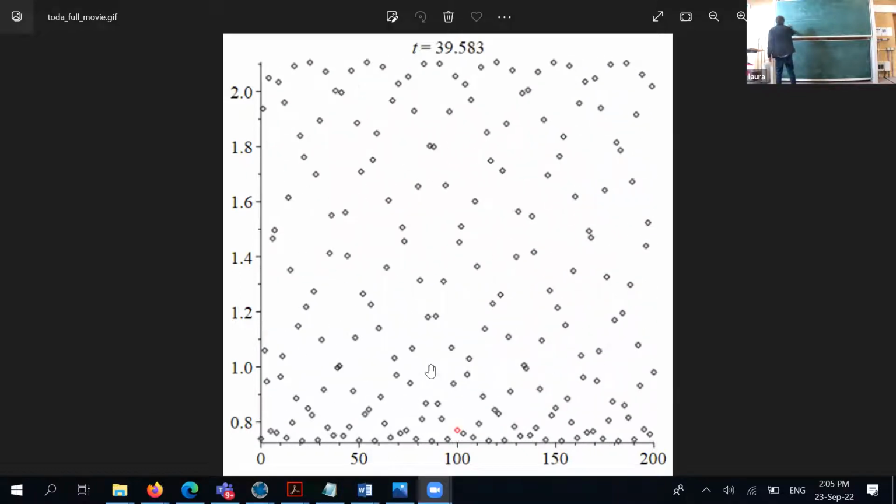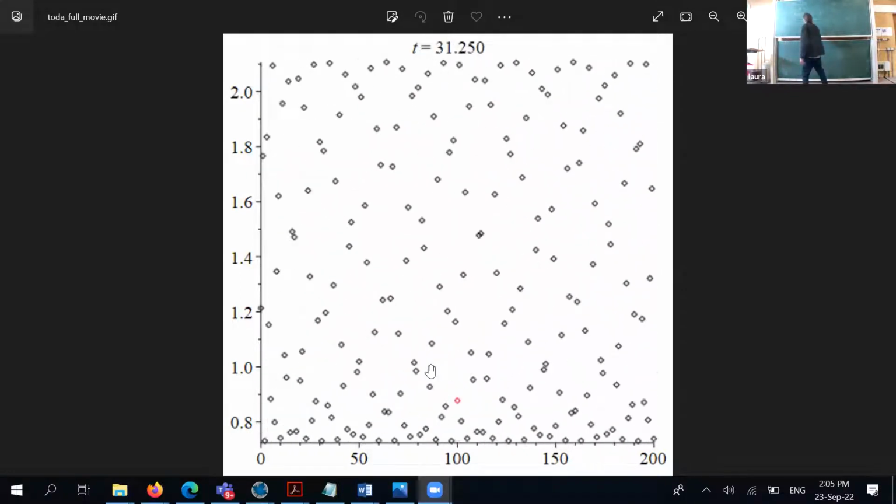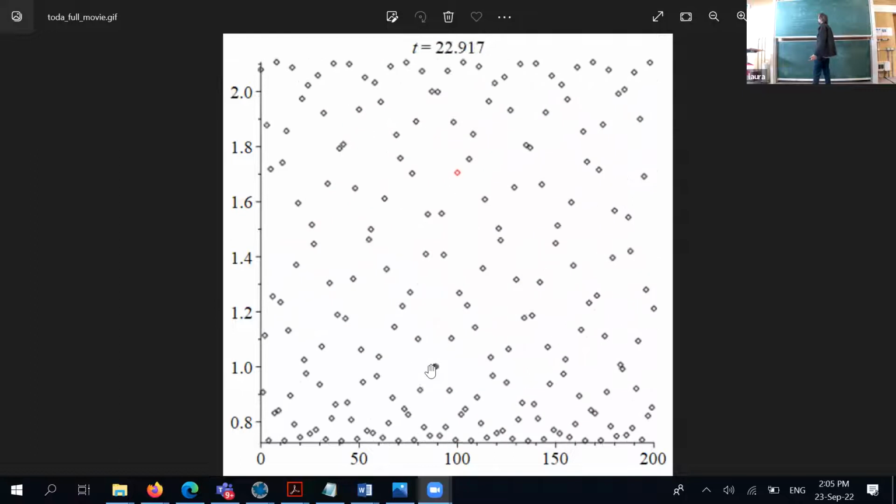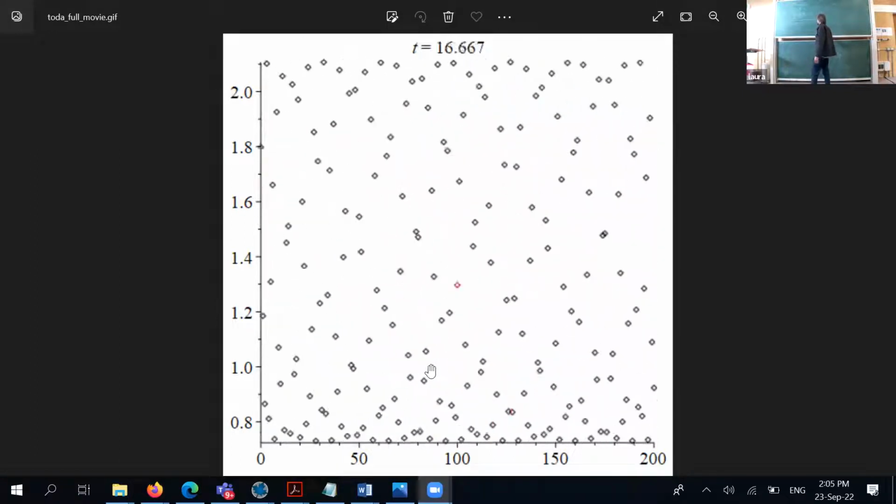Just some background for some models that people in this audience might be interested in.